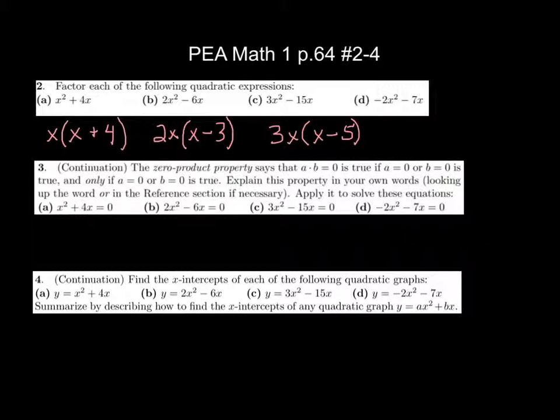This last one's a bit tricky, but notice how we have a negative sign out in front. I will actually factor out a negative, but notice that there aren't any whole numbers that divide into both 2 and 7. So I'm not going to factor any numbers out. I'll just factor an x out.